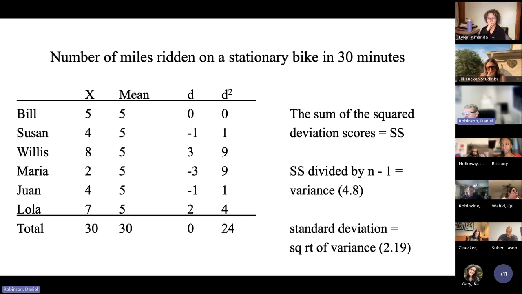So when we add that correction term, n minus 1, that makes the denominator a little bit smaller, which inflates or increases the overall variance for a sample, which makes it a better estimate of the population variance. And then the standard deviation, I'm sure some of you have heard of standard deviation before. That's simply the square root of the variance. So if you take the square root of 4.8, that's about 2.19, and that's the standard deviation.